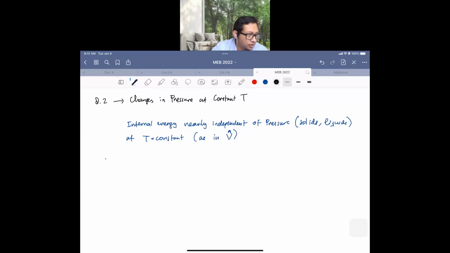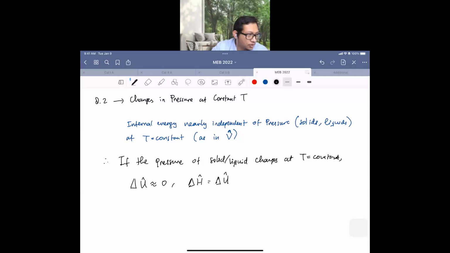Therefore, as implications, if the pressure of a solid or liquid changes at constant temperature, we can write that the change in internal energy approaches zero in approximation, and the delta H we can write in terms of U plus P V hat, so delta H equals delta U plus V hat delta P. We could write that the delta H will be approximately equal to the specific volume times delta P.